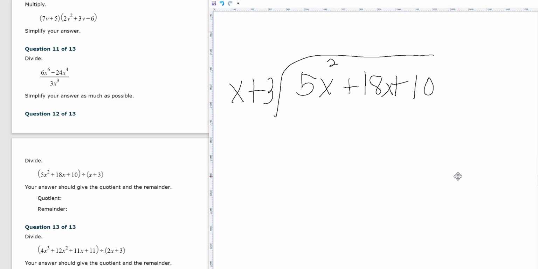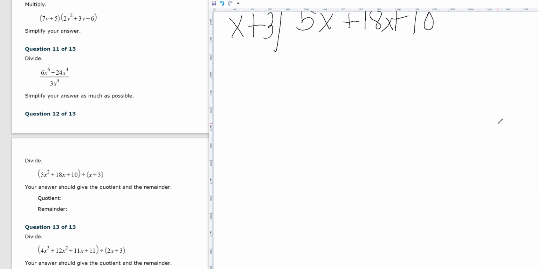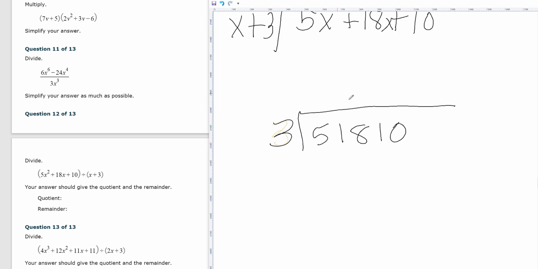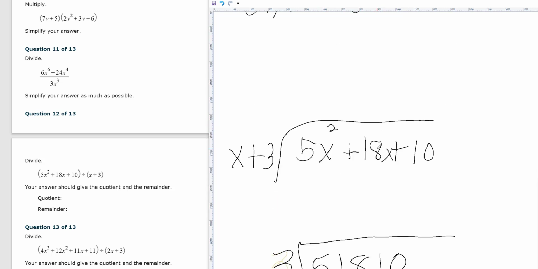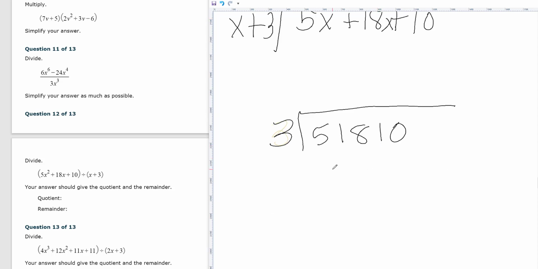Well, remember how division works. Let's just look at one with numbers. Let's say I want to divide 3 into 5, 1, 8, 1, 0. I just took the numbers off here. Okay, not going to be the same problem, but you'll get the idea.